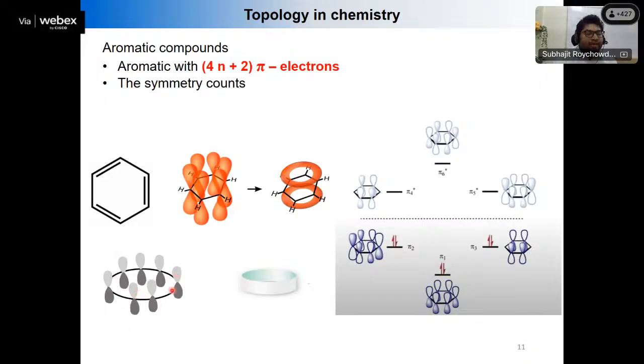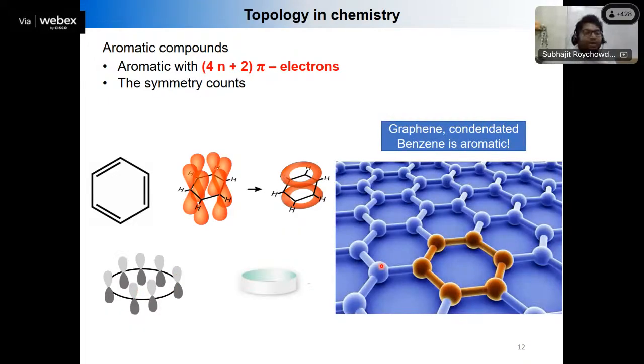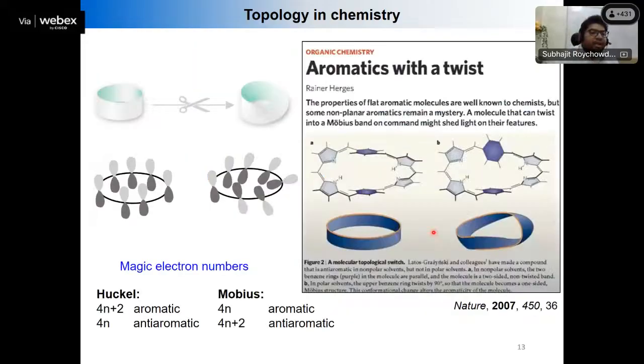According to this Huckel formula, this is anti-aromatic. Now why are we talking about benzene? Because you can think about the structure of graphene, which is condensed benzene, and the structure is also aromatic. Now, this is the advantage of organic chemistry.